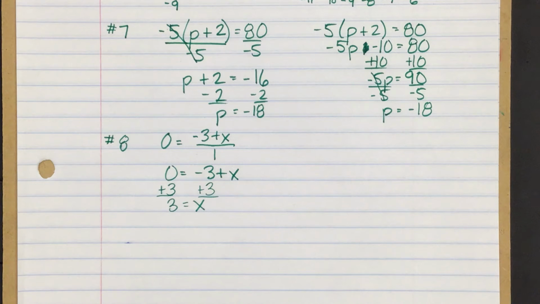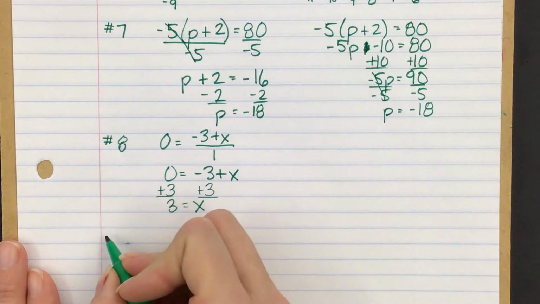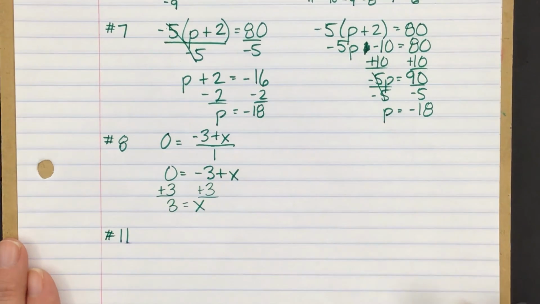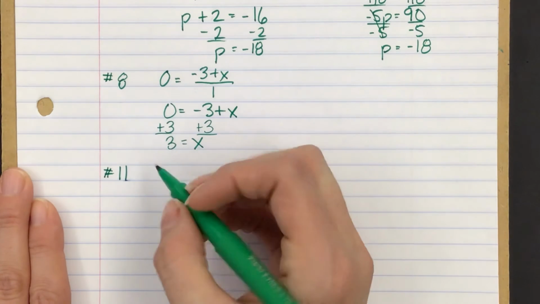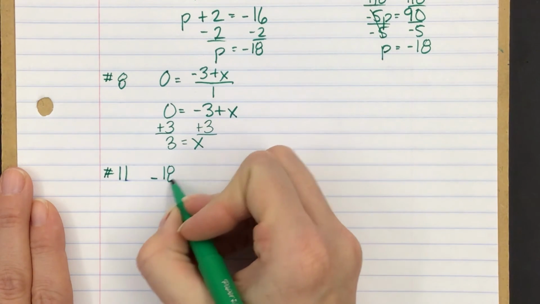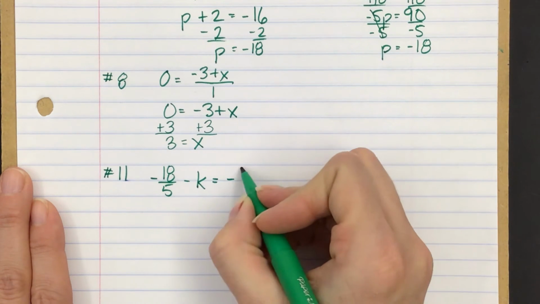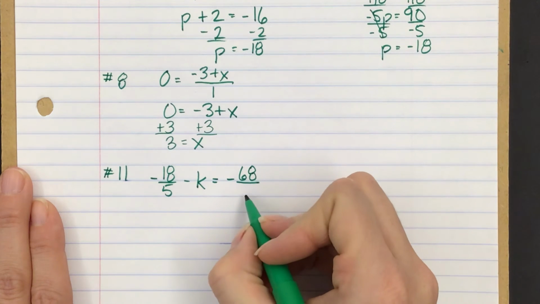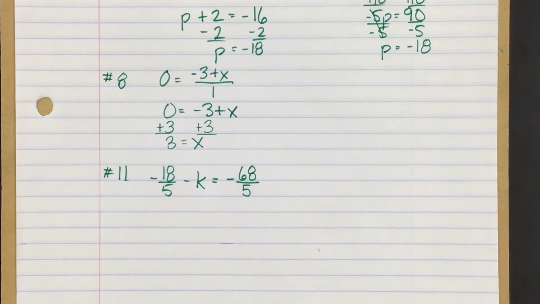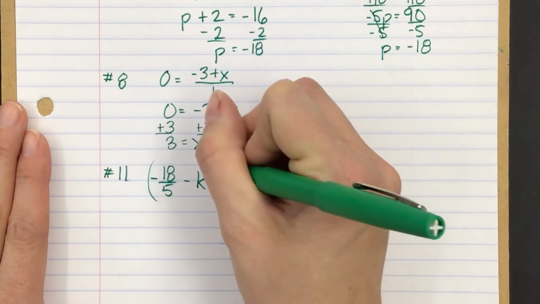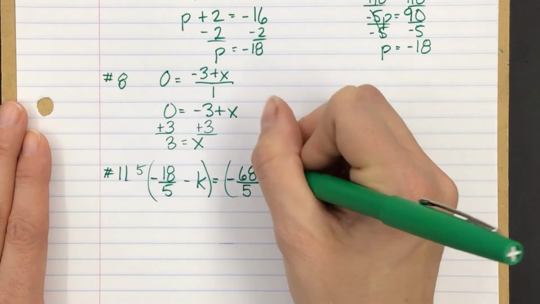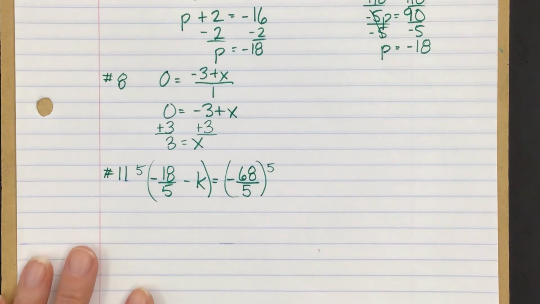Are there any other problems? Aiden. Number 11. Number 11, that's a great problem. Let's take a look. This problem is a great candidate for clearing out those fractions, and I'll show you why. You're going to want to multiply both sides by what? 5. Yes. If we multiply both sides by 5, we're going to get rid of those fractions.